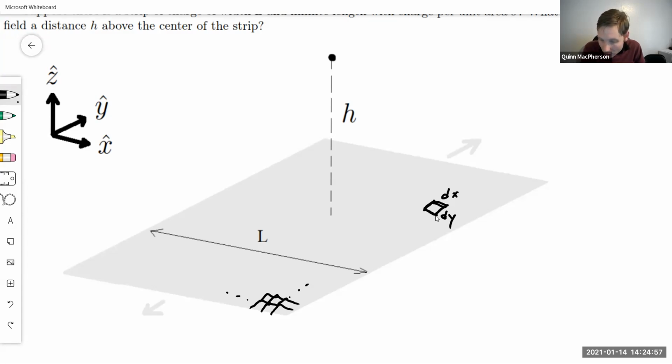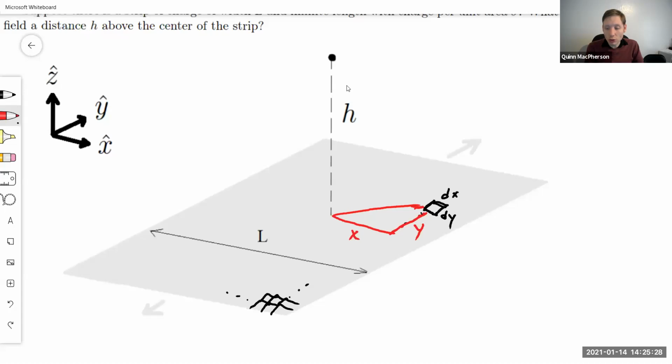So in this case, let's do this in red, and think of a little triangle here to the location of this differential element. This distance we're going to call x, and that distance we're going to call y. So what is the field due to this little charge element? Okay, so we'll do that.